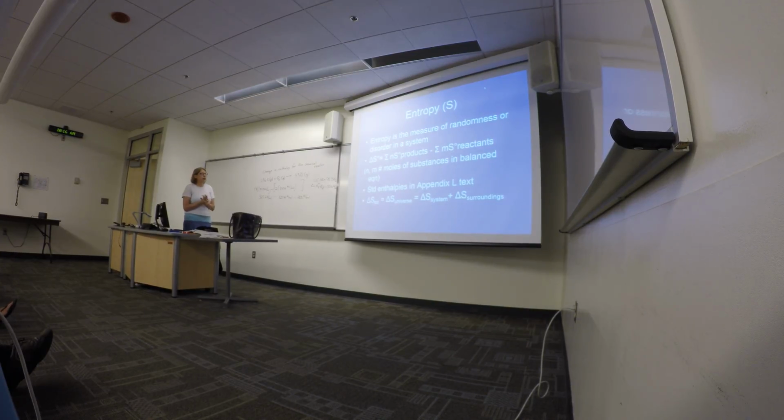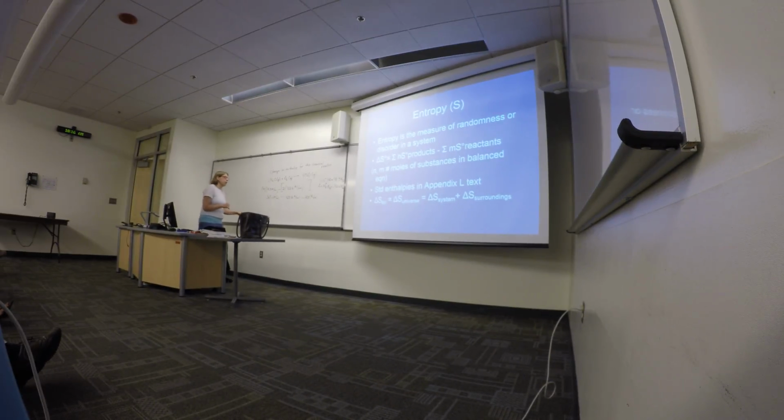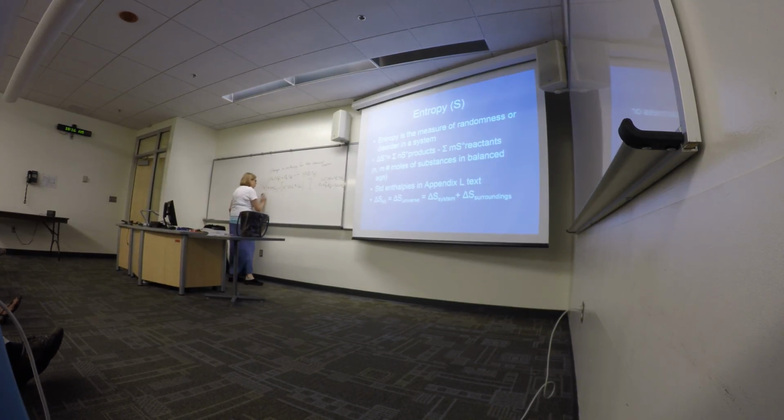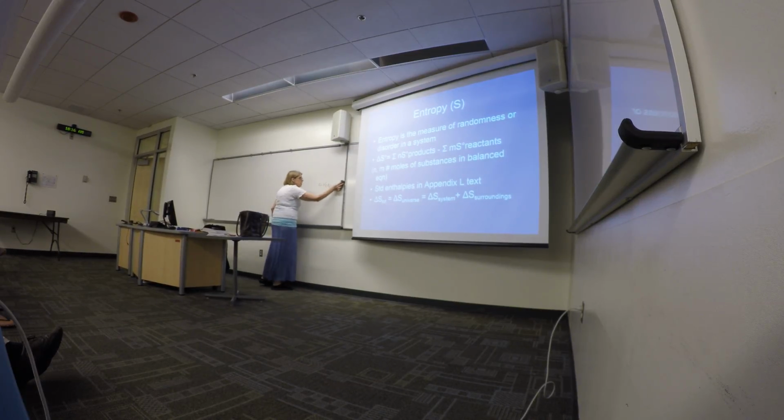Entropy is the measure of randomness or disorder in a system. We've already talked about that. What that might mean, we're going to talk a little bit about specific chemical reactions in a little bit. And it turns out that we will calculate an entropy change for a chemical reaction in just the same way.